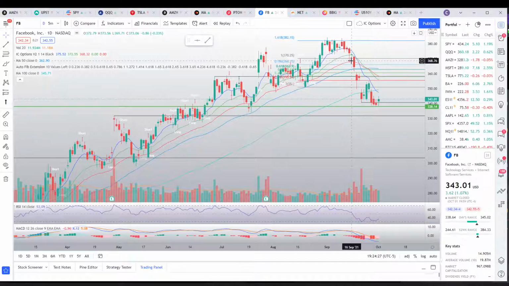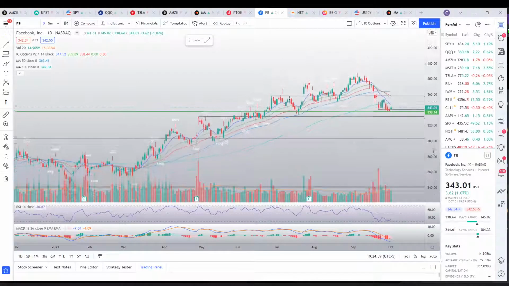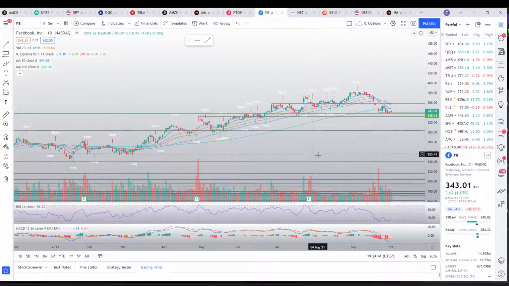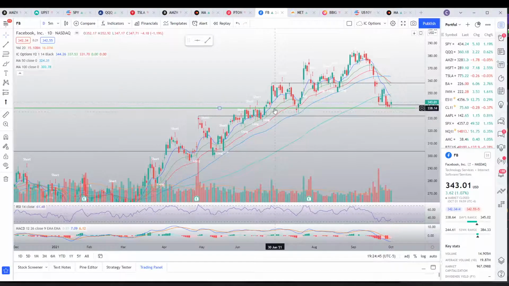So for Facebook, you will see a lot of lines on my chart most of the time, because I like to keep my old lines, and they really help me. If you go back, look at all this. These are all my old lines, drawn a long time ago.